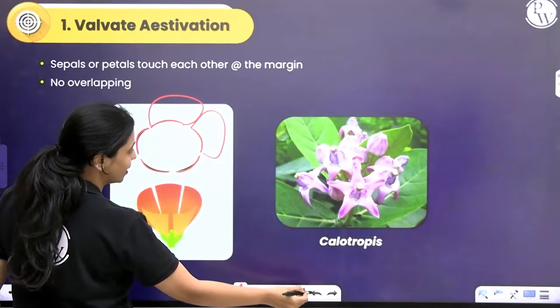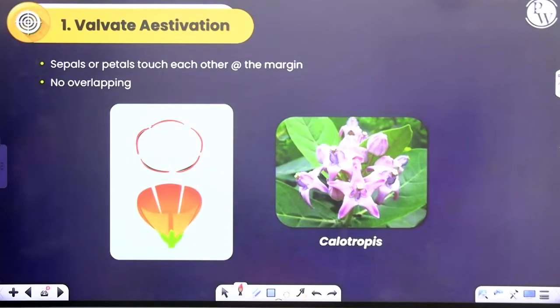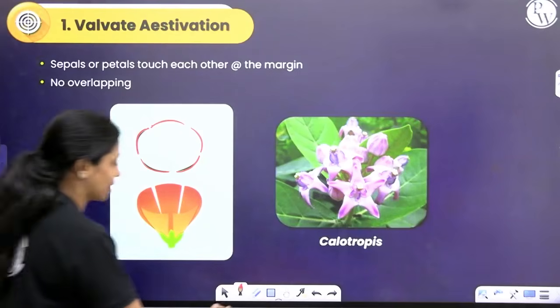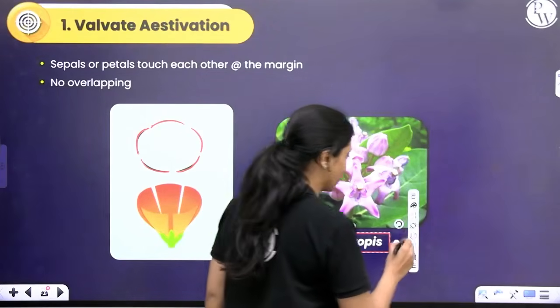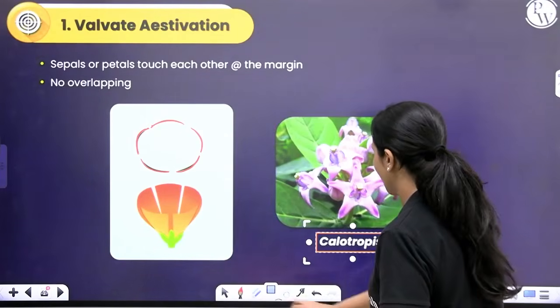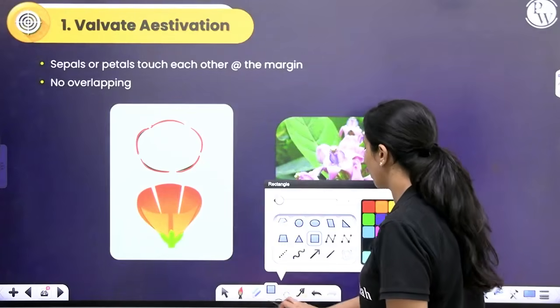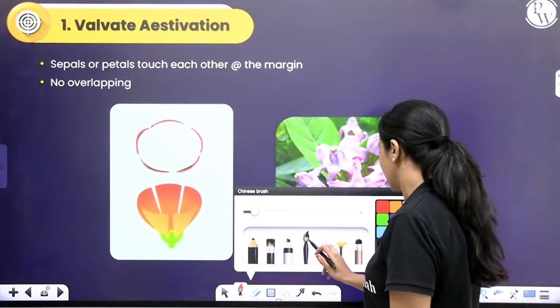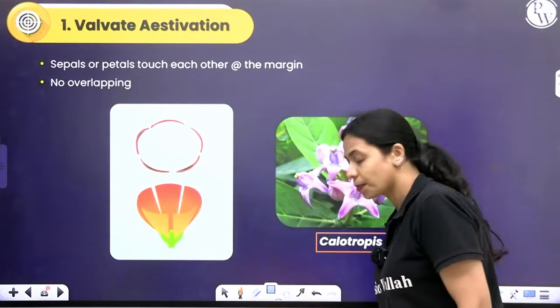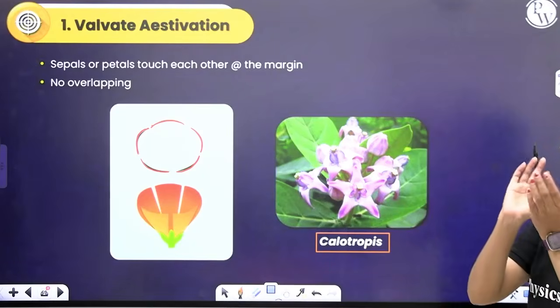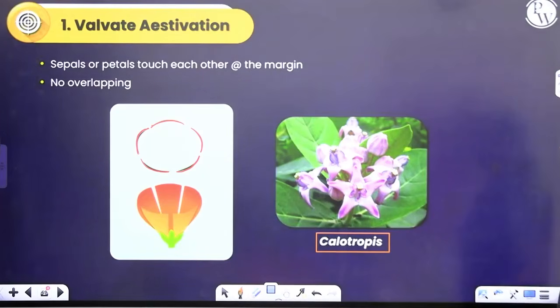Then what do we call it? We call it valvate aestivation. It's not velvet, it is valvate aestivation. Sepals or petals touch each other at the margin. This can be seen in the case of Calotropis. Okay, we learnt about Calotropis as an example before also when we spoke about opposite decussate phyllotaxy, right? It's the same plant.